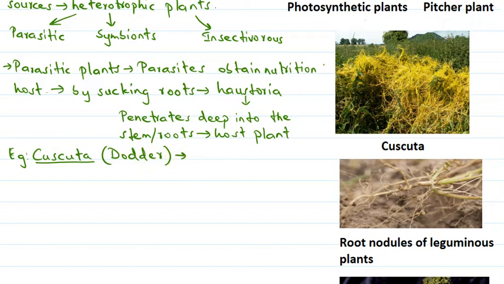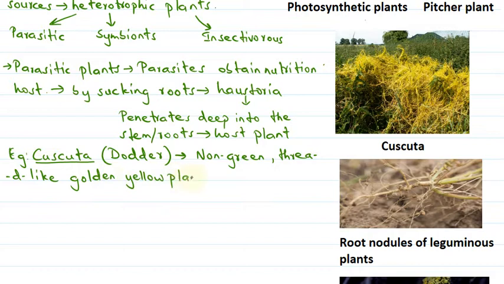Structurally, this Cuscuta is a non-green, thread-like, golden yellow plant.